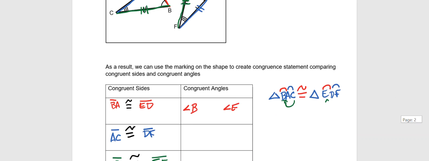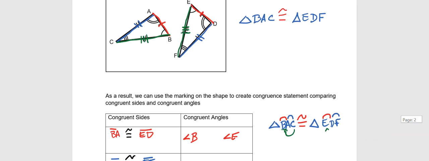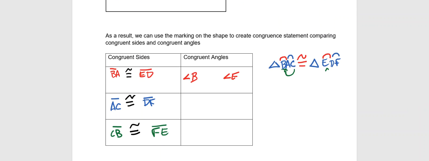And if we go back up to the figure, angle B and angle E are congruent because they have the same single marking, the single arc marking. And then if I move on to angle A in my first triangle, since that's the middle letter of my named triangle, then it should be congruent with angle D in my second triangle.